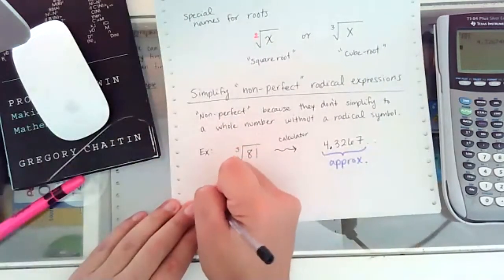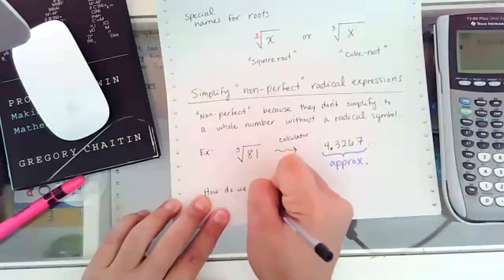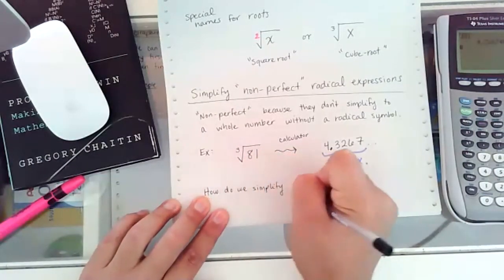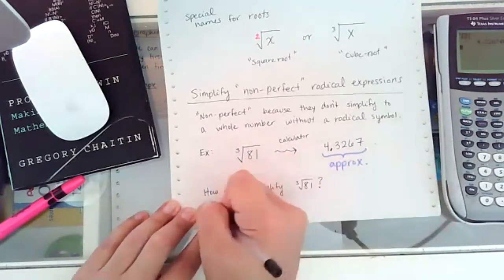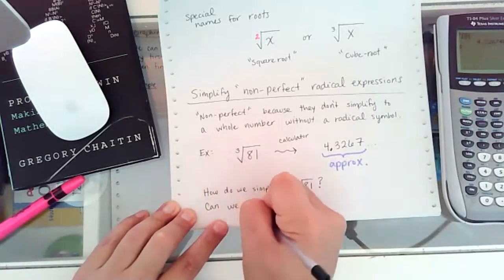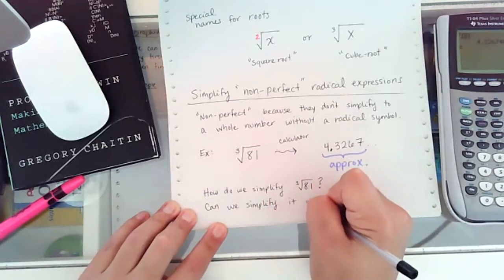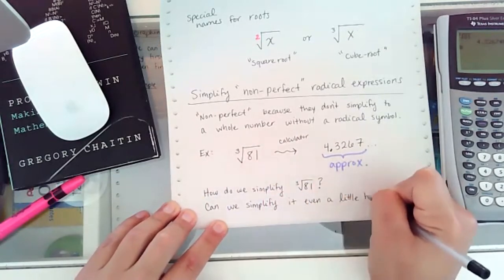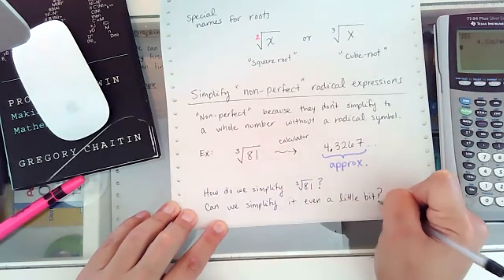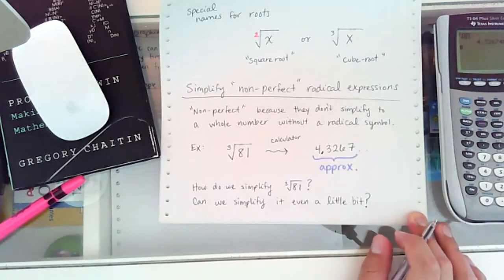So the question that we're asking ourselves here is, how do we simplify the cube root of 81? Can we simplify it, even a little bit? And obviously the answer to that clearly rhetorical question is yes, right? Otherwise I wouldn't bring it up.